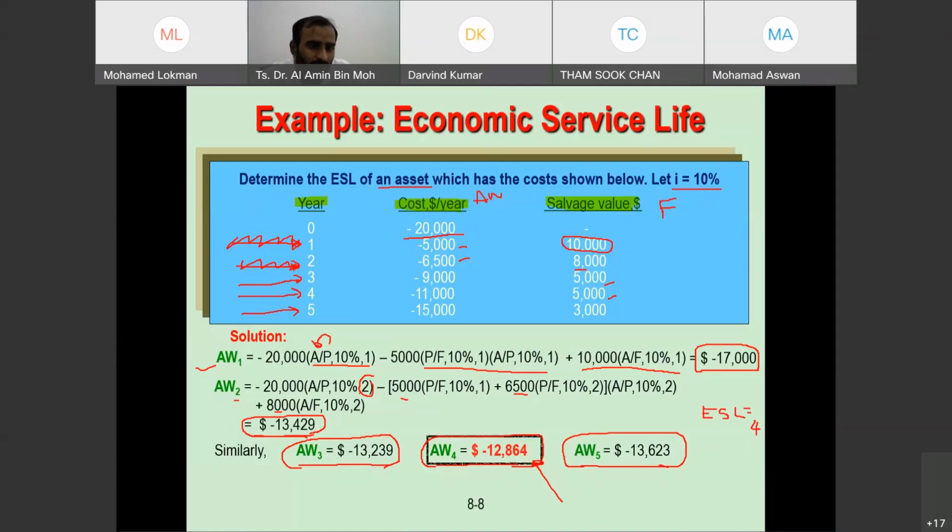So that's going to be the answer. Do you get it? The concept. You need to calculate the AW, and then we compare which AW is the lowest. So the lowest is year 4 in this analysis. So ESL is going to be 4.